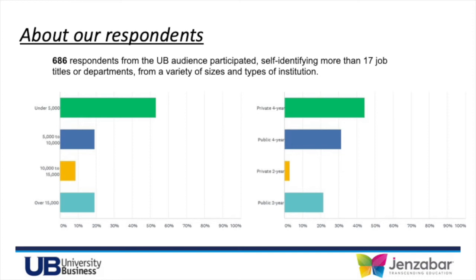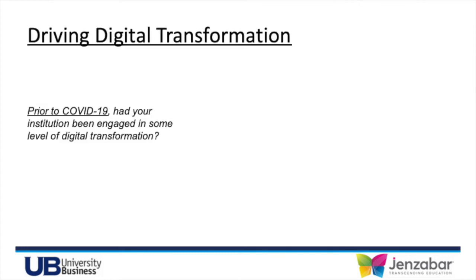And this is just some of their demographics that they self-selected, the most coming from institutions with under 5,000 enrollment, which makes sense because there are more of those. But a good diversity of institutions here, as you can see, sizes and types from all over the country. So that was great to see. And self-identifying more than 17 job titles or departments from all over campus. So diversity of respondents here. We always love to see that diversity of perspectives.